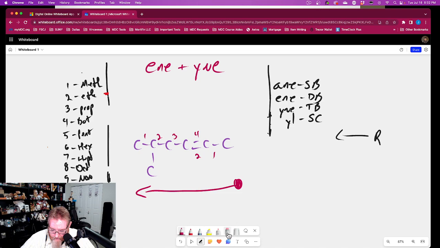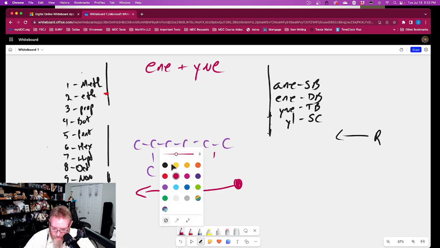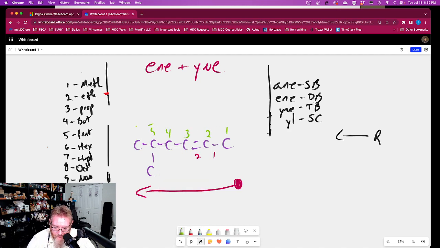So we now know, hell or high water, we're going to be counting this way. 1, 2, 3, 4, 5, 6. Because the bond tells us that's the way we have to count to keep the smallest number for the bond.